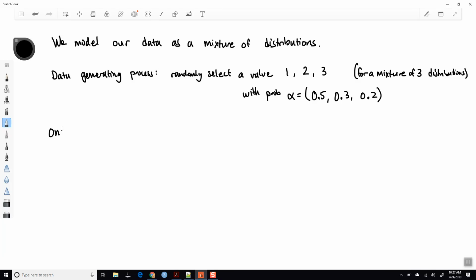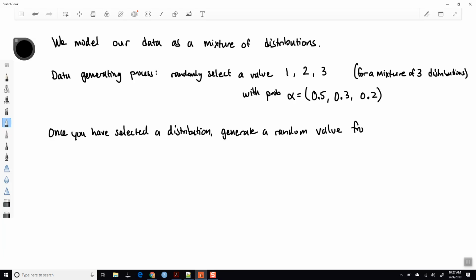once you've selected a distribution, generate a random value from the selected distribution.